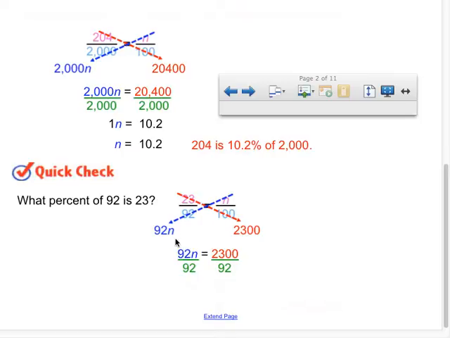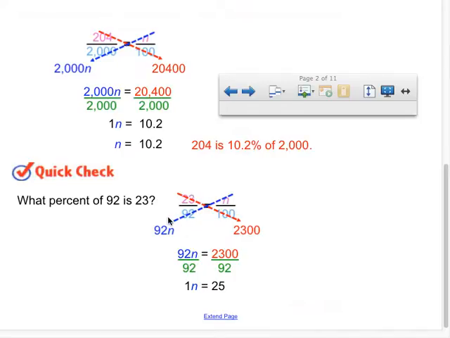Okay? And so when I divide this out, what does that become? What does that become now? It becomes 1n. And then what did you get for 2300 divided by 92? It's actually 25. Now, if you simplified this fraction over here, it would be 1/4.